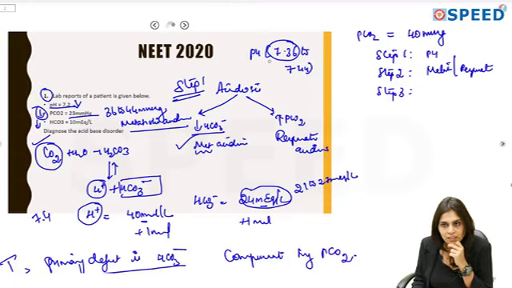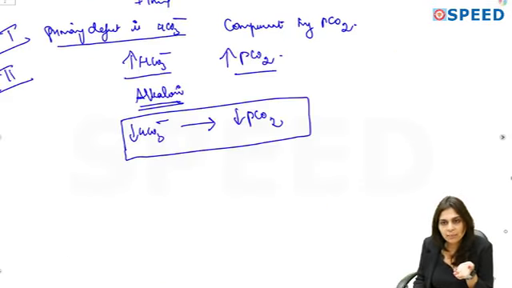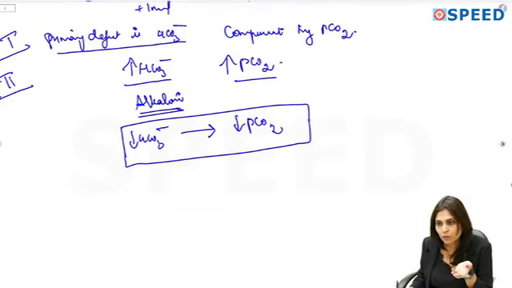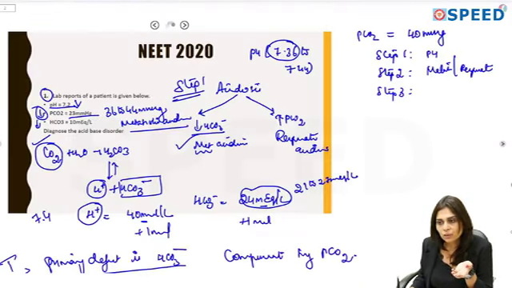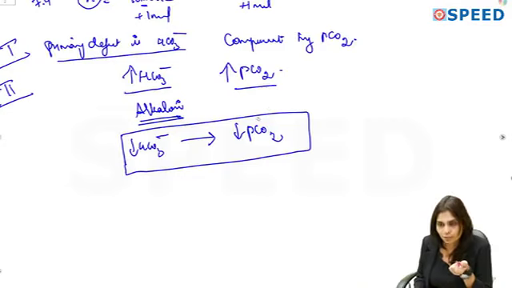So if it's metabolic acidosis, hydrogen ion accumulates in the circulation, and that gets reflected in the CSF. The respiratory center gets stimulated, and the person hyperventilates. The person washes away carbon dioxide, and that is the basis of Kussmaul's breathing, which happens in metabolic acidosis. Because of this Kussmaul's breathing, PCO2 is reduced.